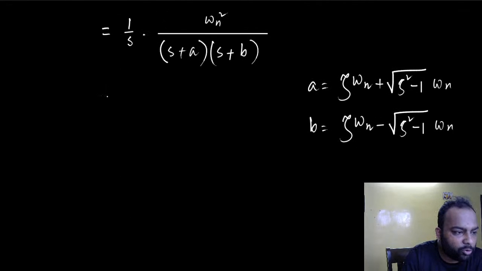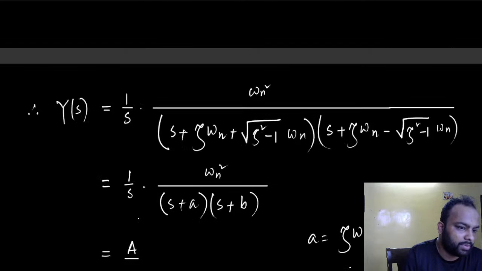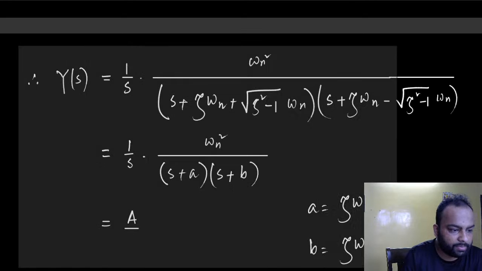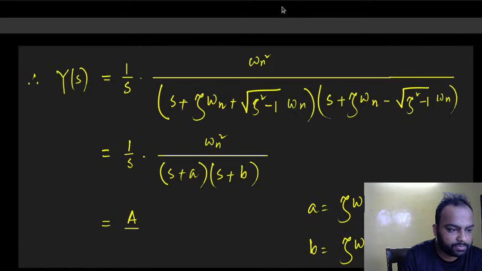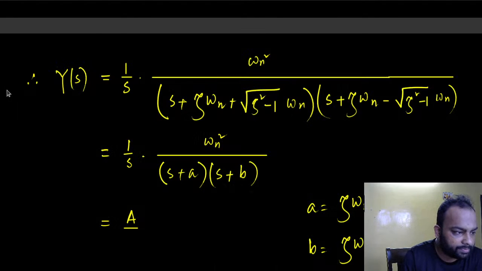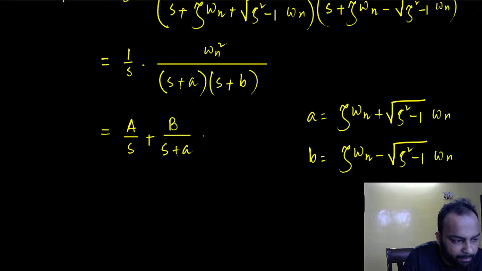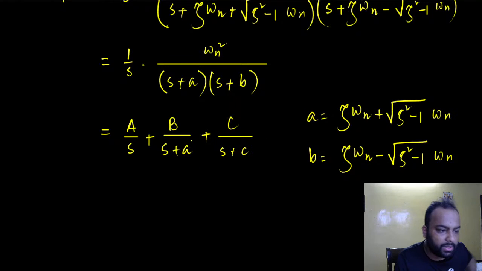All right. So now, of course, we have to do partial fraction expansion, and for that let's standardize everything. So let's write this as A by s plus B by s plus a plus C by s plus b.